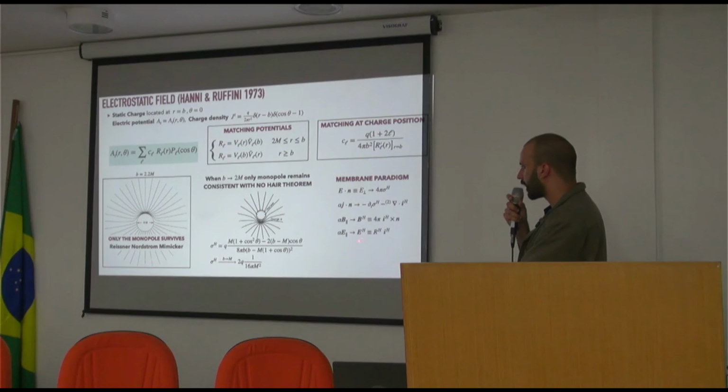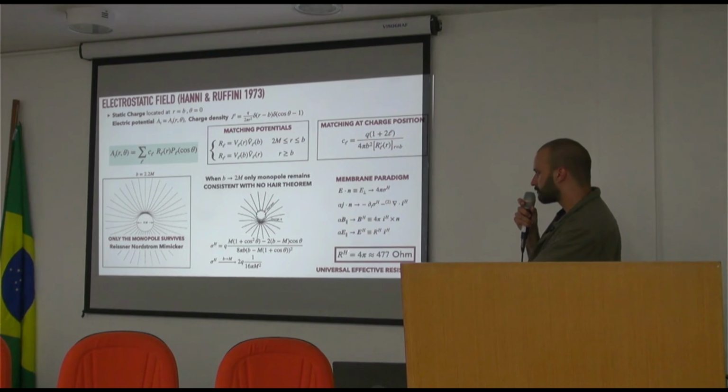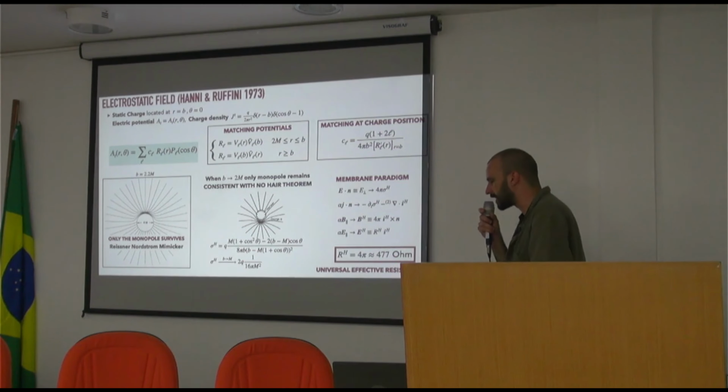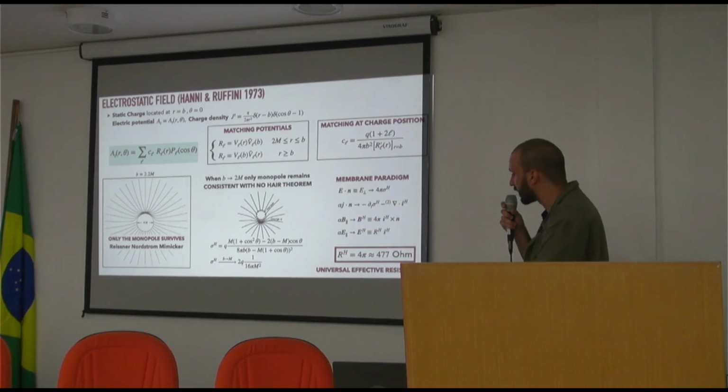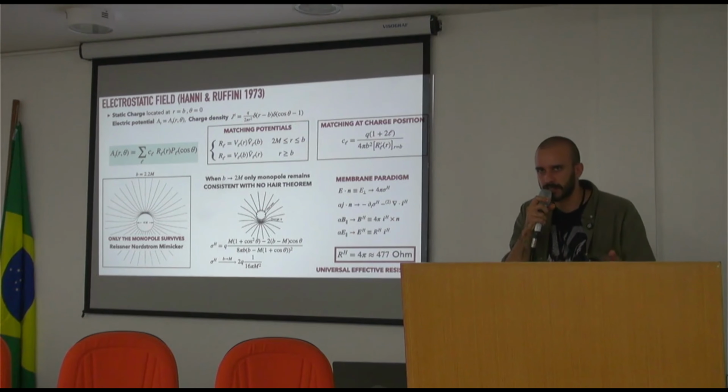For instance, the electric field at the horizon is always related to the electric current at the horizon by a certain value of the effective resistance of this membrane, which is 4 pi, which, if you convert it into international system, is 477 ohm. So every black hole apparently is characterized by this effective resistance.